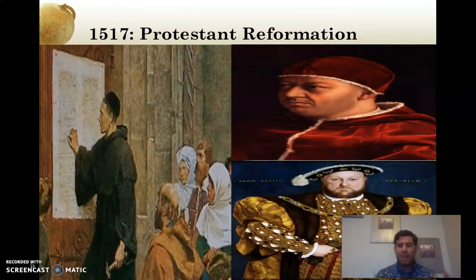Our first major event that I want to just talk briefly about is 1517, the Protestant Reformation. You'll see here Martin Luther, that image on the left. He nails his 95 Theses. He's a Catholic priest who has objections specifically to the Pope's rule in Rome and certain laws that the Catholic Church has created to forgive sinners, especially the sale of indulgences he has a problem with.